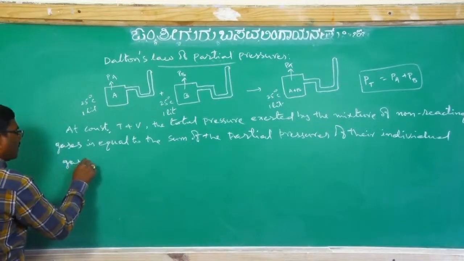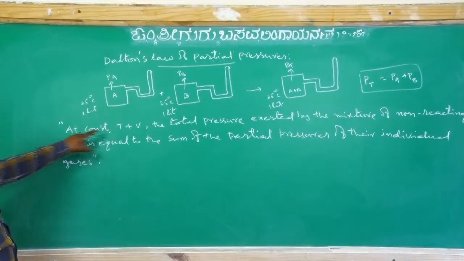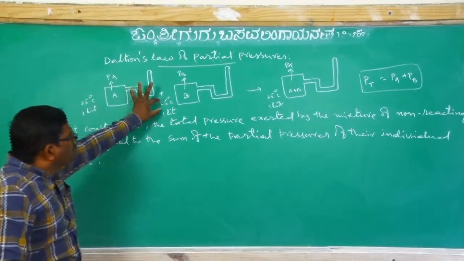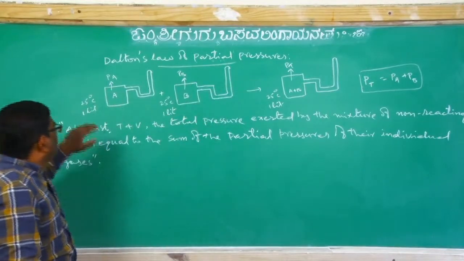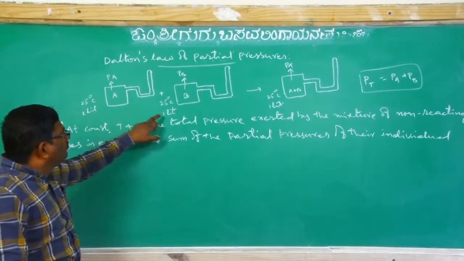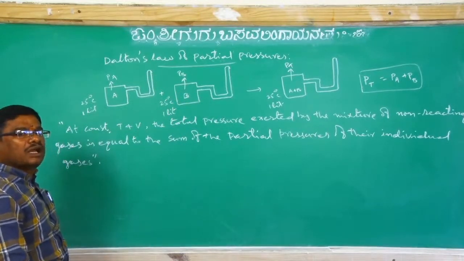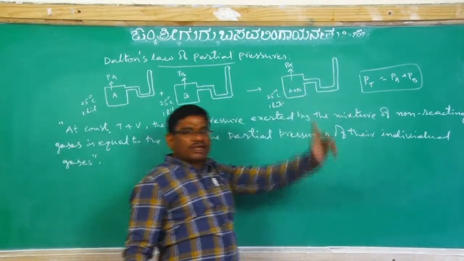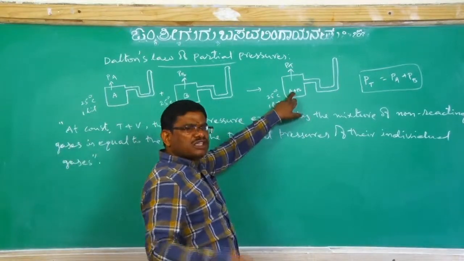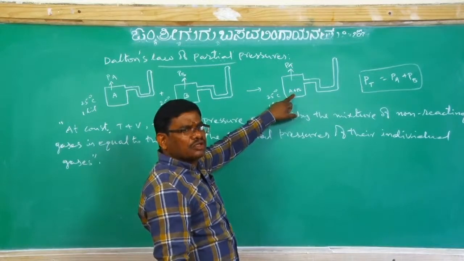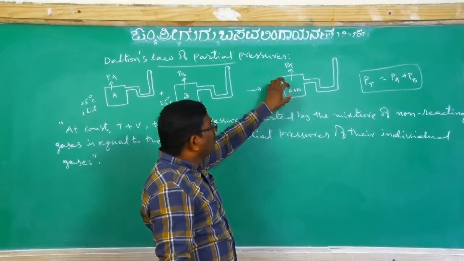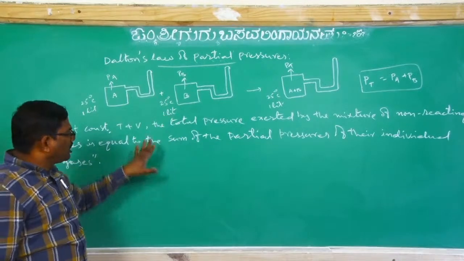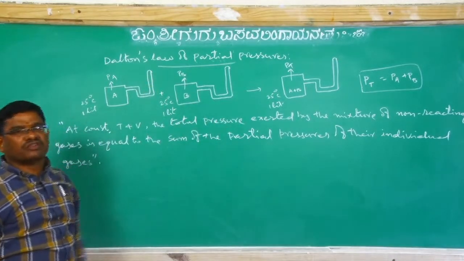Check this properly here, don't be confused. At constant temperature and volume: keep temperature and volume constant, room temperature 25 degrees Celsius, 1 liter volume, correct? At constant temperature and volume, the total pressure exerted by the mixture of non-reacting gases, here A and B mixture, if C is there then C, A, B, C, D and so on, however many there are, the total pressure exerted by the mixture of non-reacting gases, that is PT, is equal to the sum of the partial pressures of their individual gases, correct?